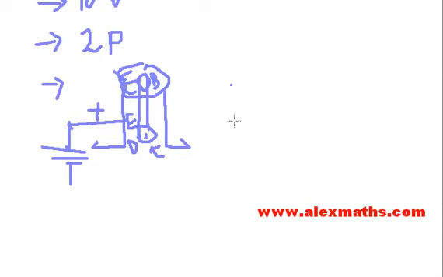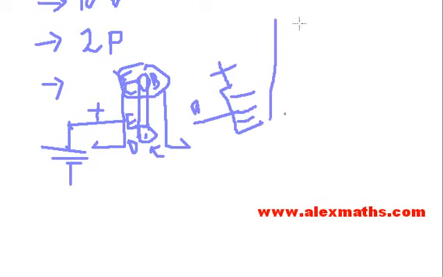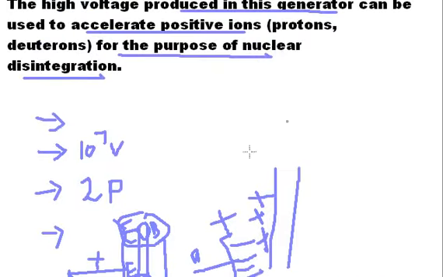So the comb like metallic structure D will have the positive charge, so it will repel the positive charge towards the belt. I explained the concept of why it repels the positive charge: it attracts the negative charge, and the positive charges are repelled towards the belt. When it reaches the belt, there is another metallic comb like structure which is E.